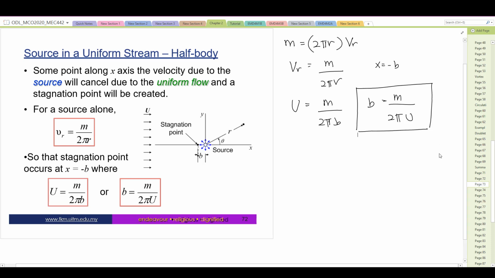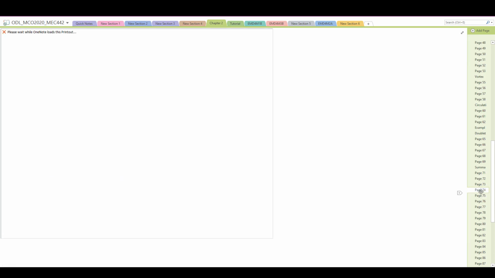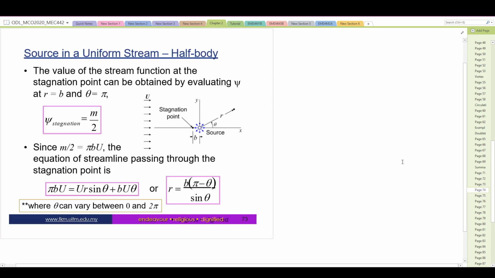Move to the next slide. The value of the stream function at the stagnation point can be obtained by evaluating psi at r equal to b and theta equal to pi.